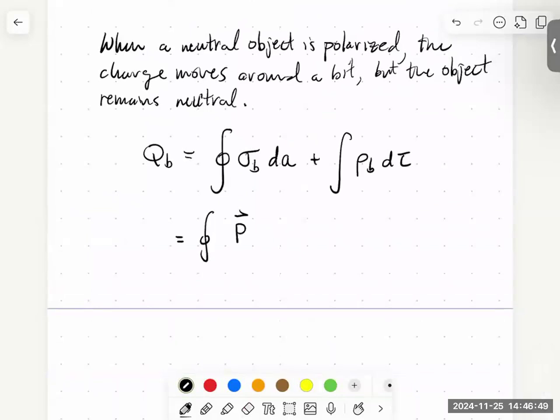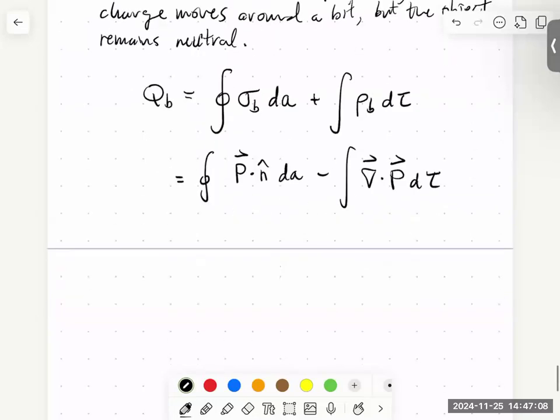So this is P dot n hat dA minus, because the bound charge density was minus the divergence of the polarization. Okay, so what I'm going to do is combine this to be dA again. And this is going to be the integral of P dot dA minus, what are we going to do with this?